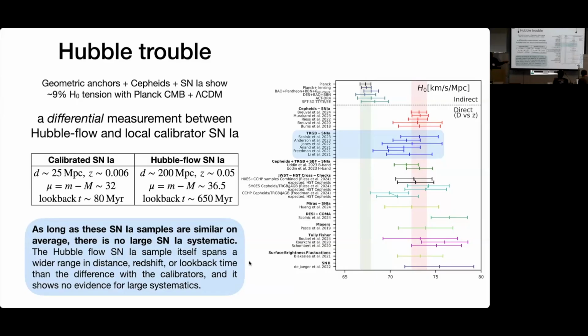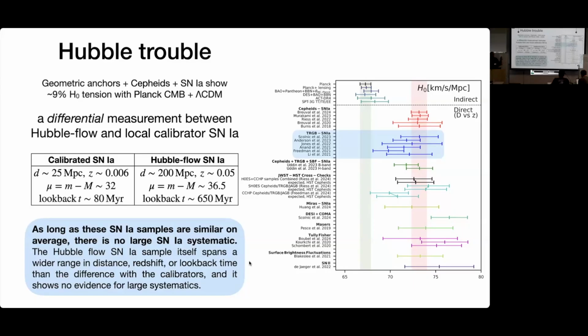Well, in the Hubble constant measurement, you are comparing Type 1a supernovae that have been calibrated at distances of, say, up to 40 megaparsecs, so 25, with supernovae that are in the Hubble flow, maybe at 200 megaparsecs. Okay? So unless these two samples are very different, and we have ways of ensuring that they're the same, we can look at the light curve properties, the spectra, the host properties.